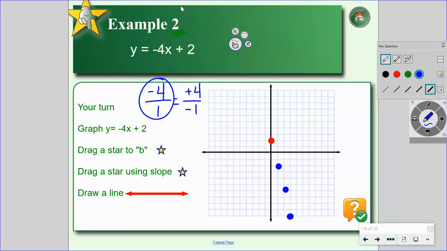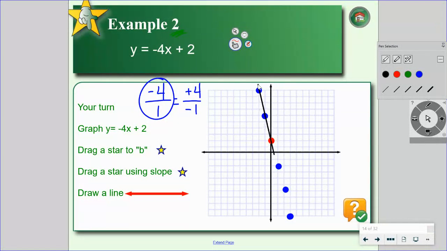Now we can also use the inverse or opposite direction. So let's do it. Go up 1, 2, 3, and 4, and go to the left 1. And there's a new point. Let's do it again. Up 1, 2, 3, 4, go to the left 1. Just because we drew some nice points doesn't mean there are only those points.